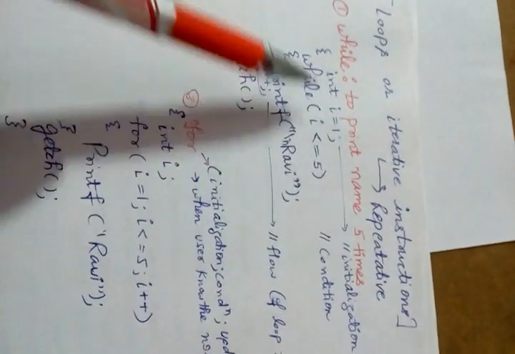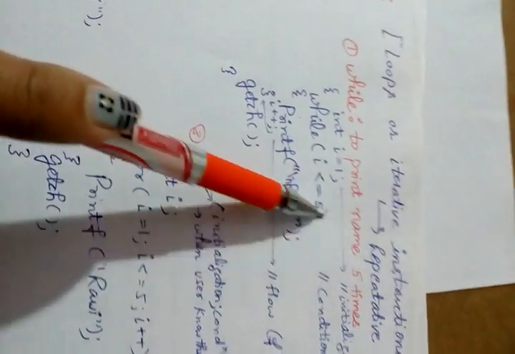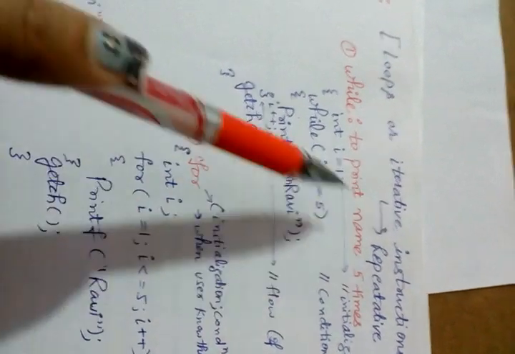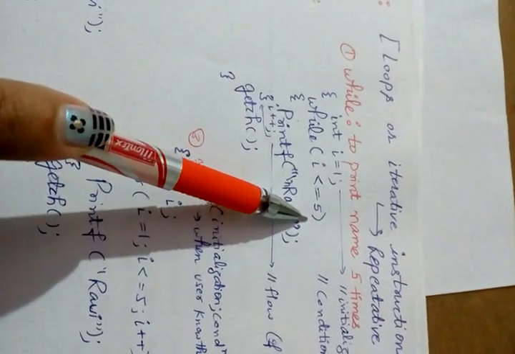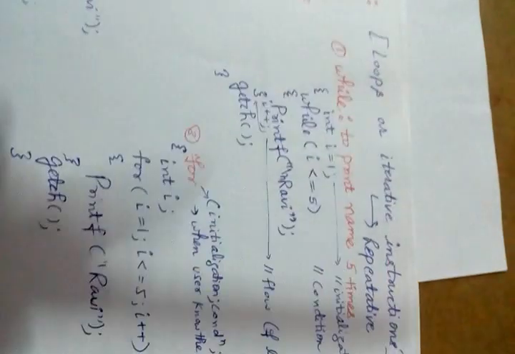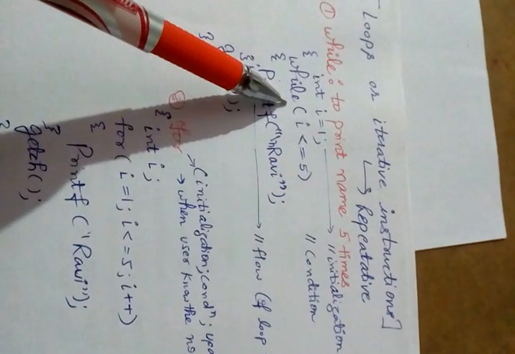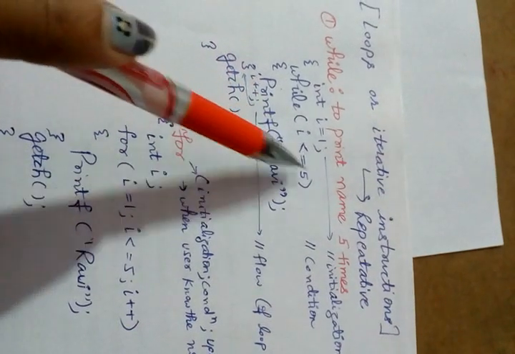The condition is that this loop will work till 5, or any other integer like 10, 20, 30 or many others. I have given 5 here because I have to print the name 5 times. So the loop has been given as while i less than or equal to 5.